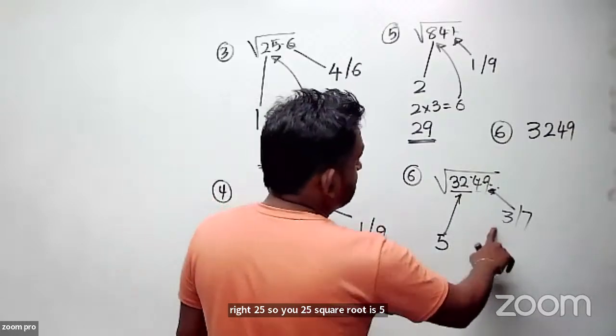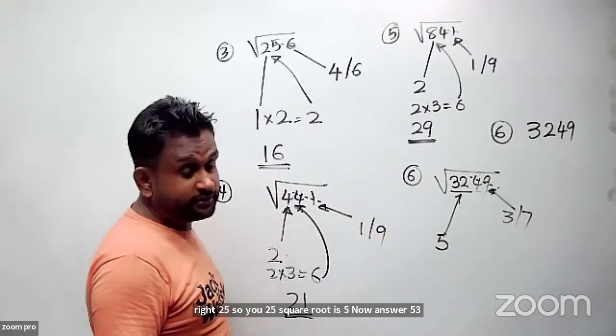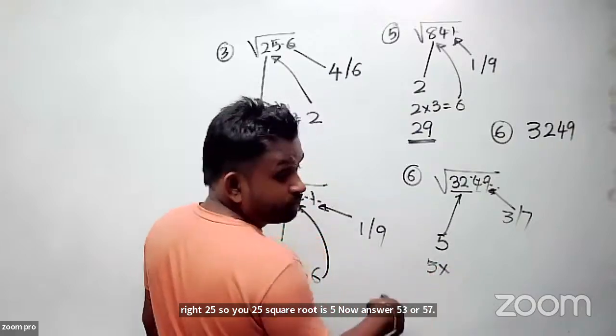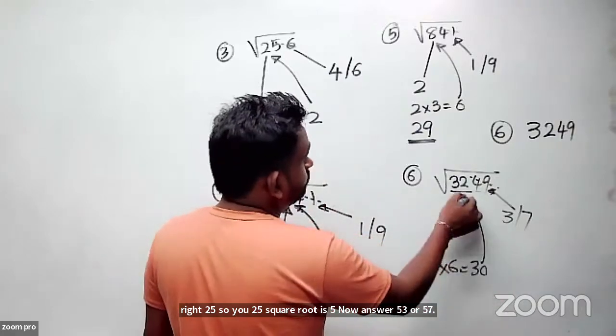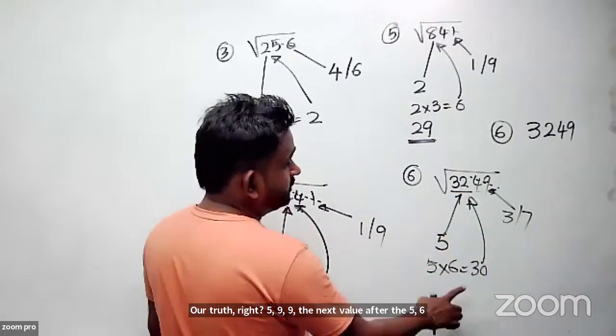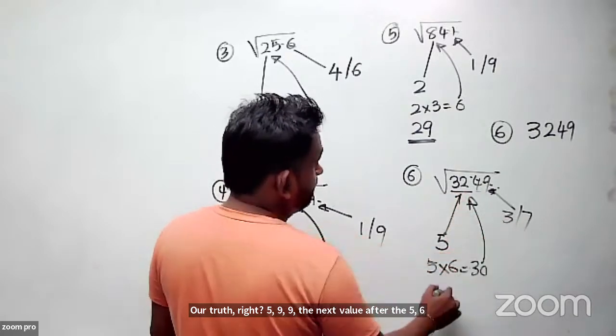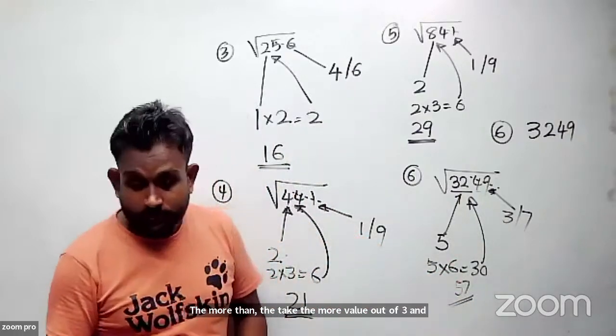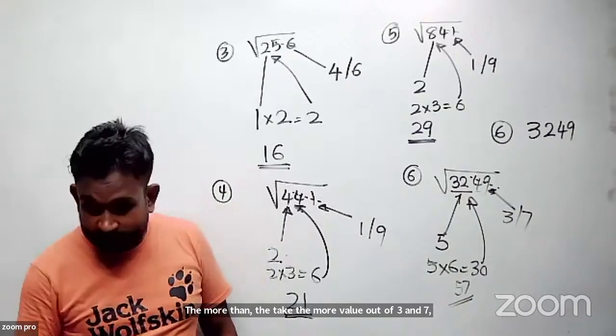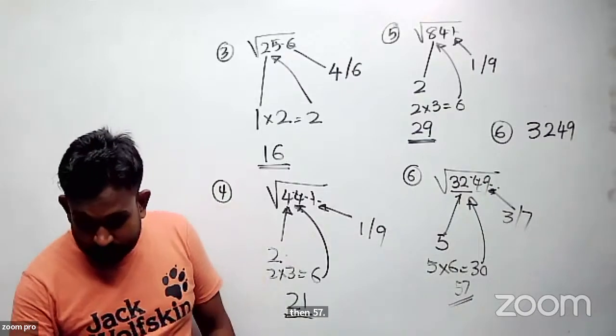Now the answer is 53 or 57. How to choose? 5 multiplied with the next value after 5, that is 6: 30. Here 32 is more than 30. So take the more value out of 3 and 7, then 57. Hands up those who got the answers.